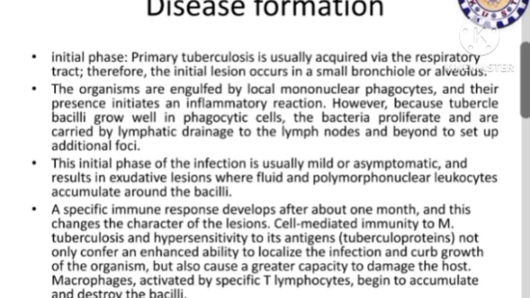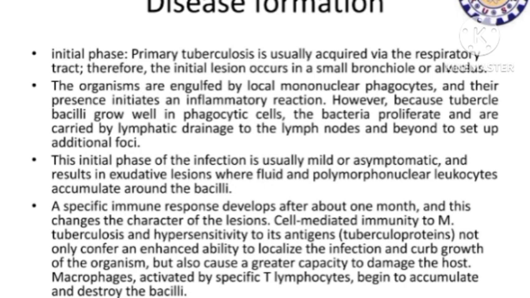Cell-mediated immunity to Mycobacterium tuberculosis and hypersensitivity to its antigens not only enhance the ability to localize the infection and curb growth of the organism, but also cause a great capacity to damage the host.